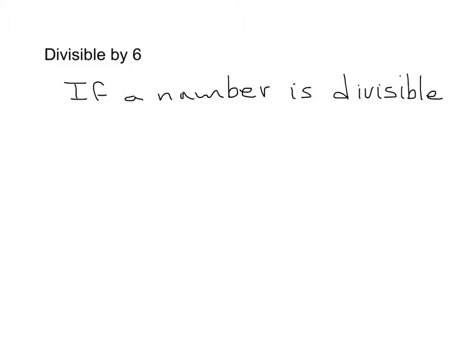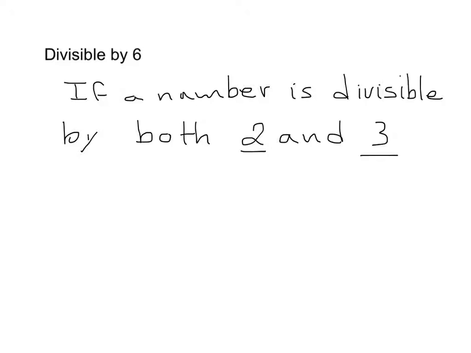If a number is divisible by both 2 and 3, and that's the key, it's got to be both divisible by 2 and 3, then it is automatically divisible by 6.